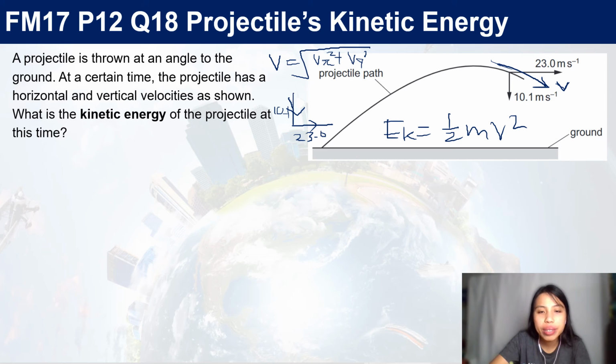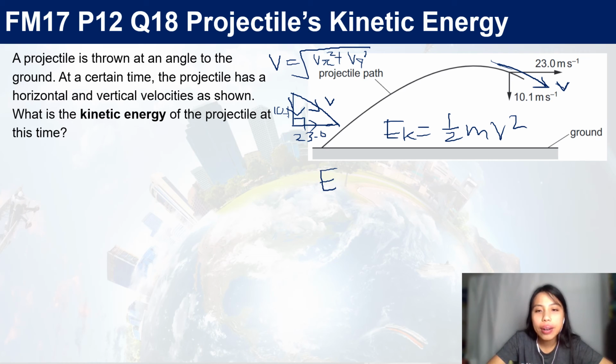These are vectors, remember? So then your resultant, or I should say the V, is this one. It's like combining your components. You can do that by Pythagoras theorem because the components are always at right angles to each other. Anyway, so we can do that.